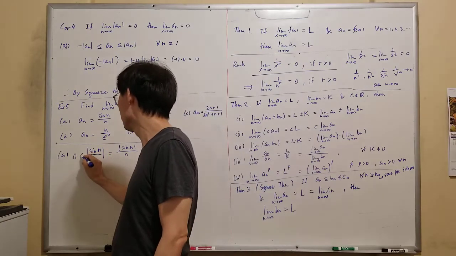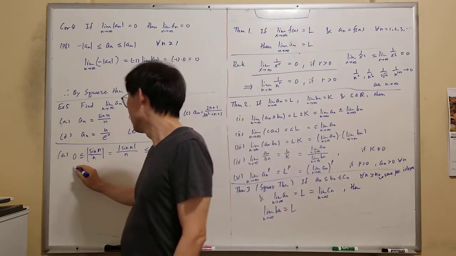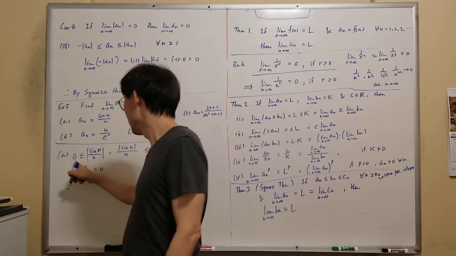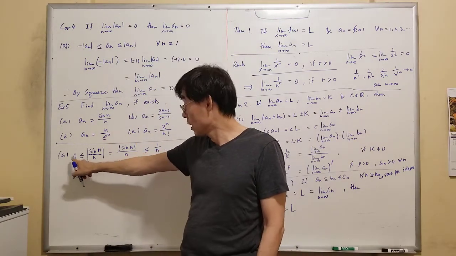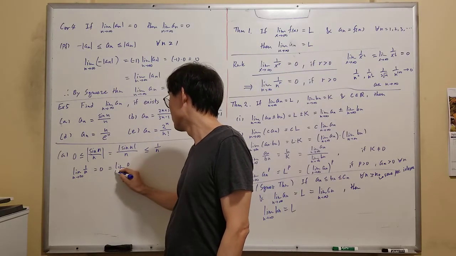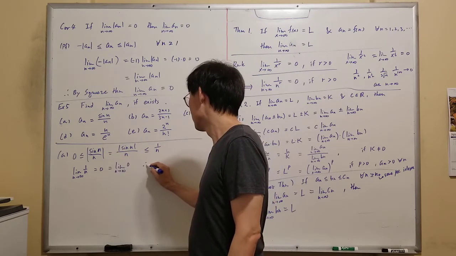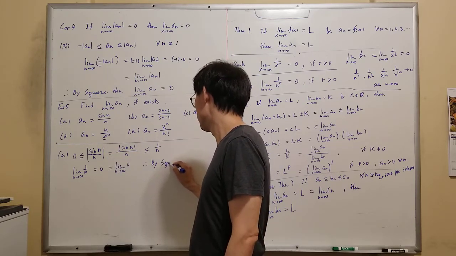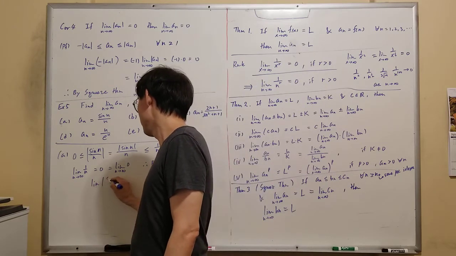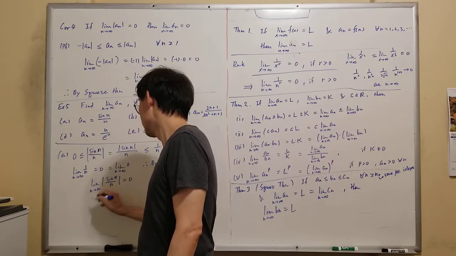Obviously this absolute value is greater than or equal to 0. Now, the limit of the upper sequence 1 over n is approaching 0. The limit of your lower sequence, which you can consider a constant sequence, is 0. Therefore, this middle one, by squeeze theorem, the limit of the absolute value of sine of n over n equals the same value, 0.